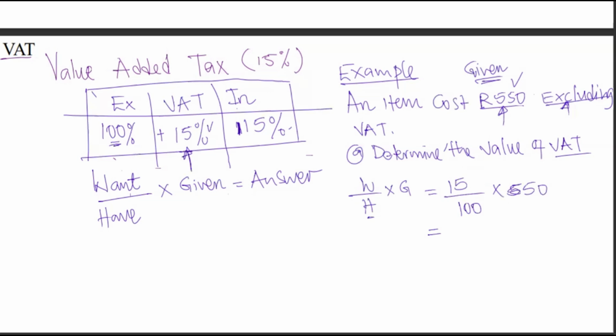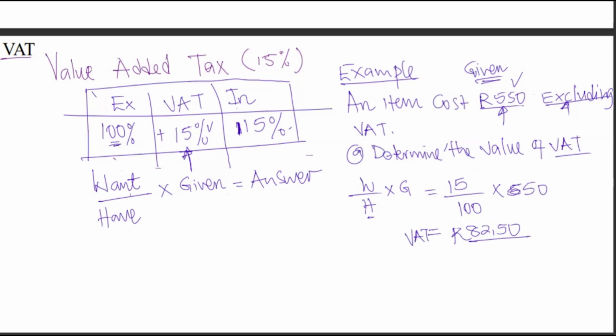So 15 times 550. When you put it in your calculator, you end up having this much. So this is the value of what? VAT. This is the value of VAT that's going to be charged on that item. What I want over what I have times the given amount.